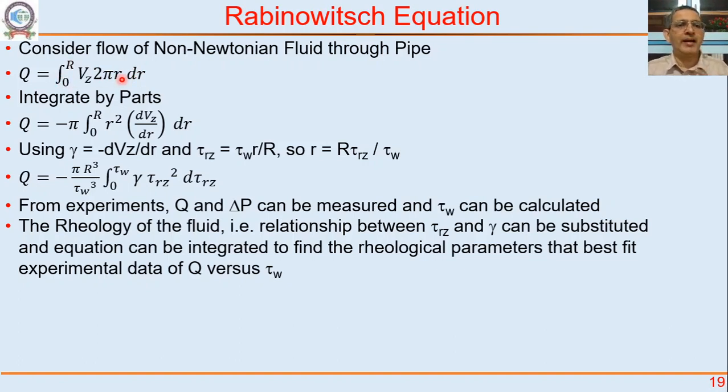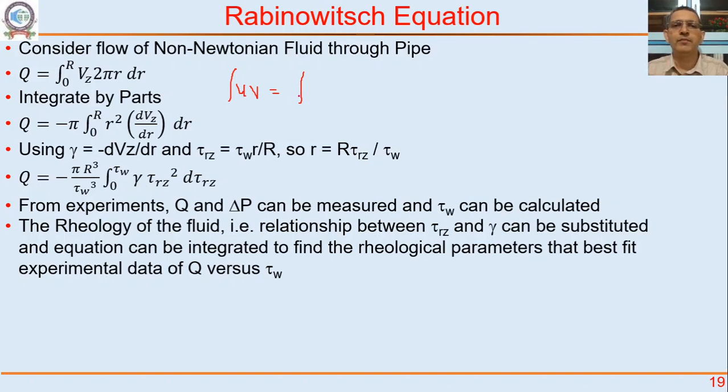Now I can integrate this by parts, right? So you remember the integral of uv, something that we did in say 11th standard, is u integral v dx minus the integral of du/dx times integral v dx, right?